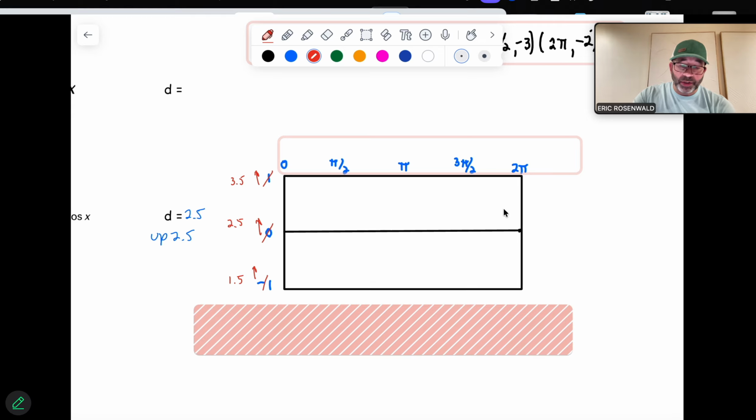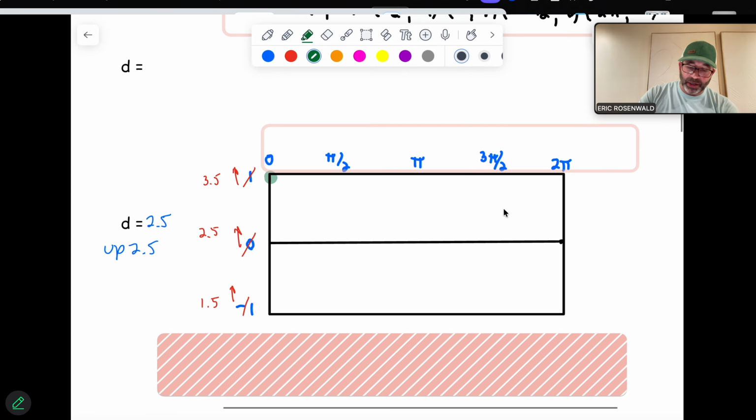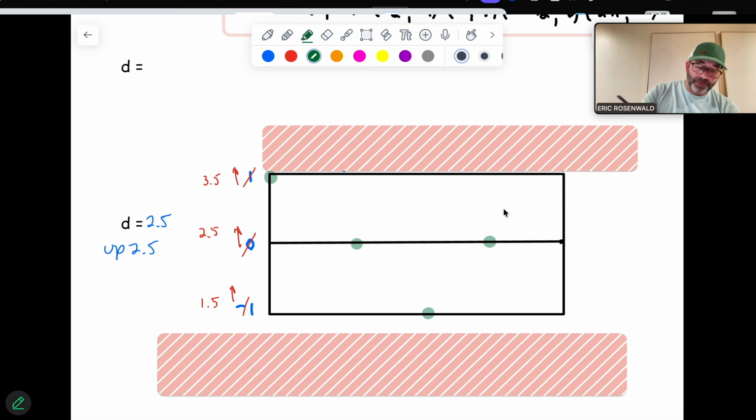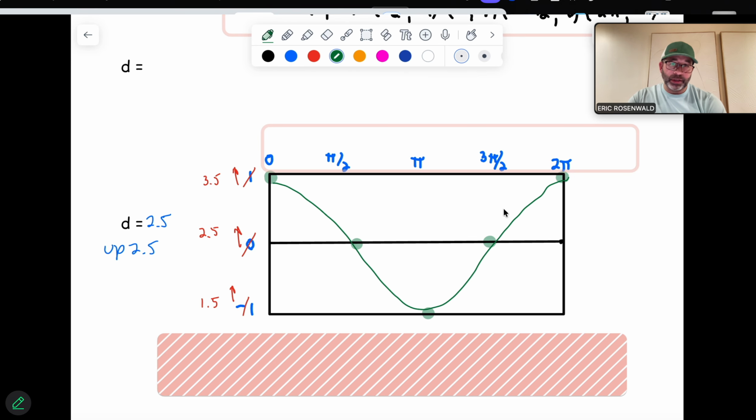My critical points, we can start now putting them together, but I'm going to go ahead and make the graph first. So it's going to be here, here, here, here, here. Wait, nope, it's a cosine graph, sorry. Cosine, if you look at it, remember, is going to start up here, go down, down, and then back up. And so what we end up with the cosine curve is we get this like U shape almost. Not a V, it's a U. That's your cosine curve.